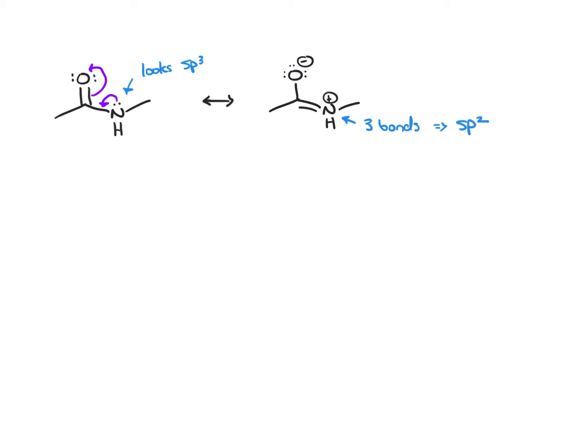Remember, you don't count the positive charge as any type of group. So the 3 bonds around that nitrogen, it's sp2 hybridized, and that is the correct hybridization for the nitrogen.